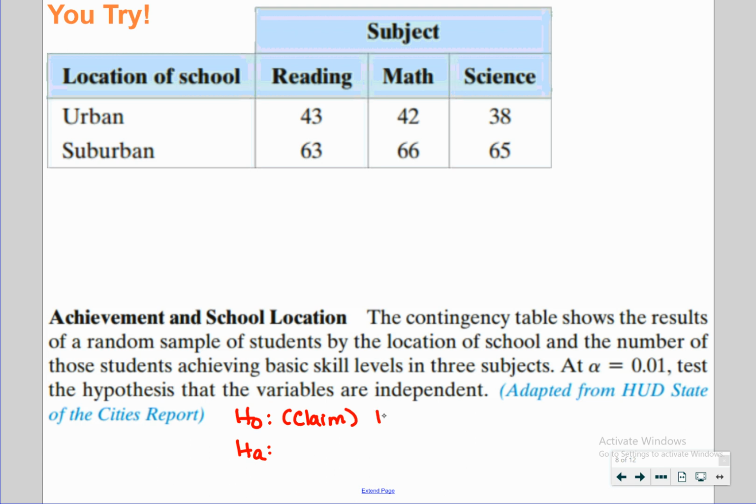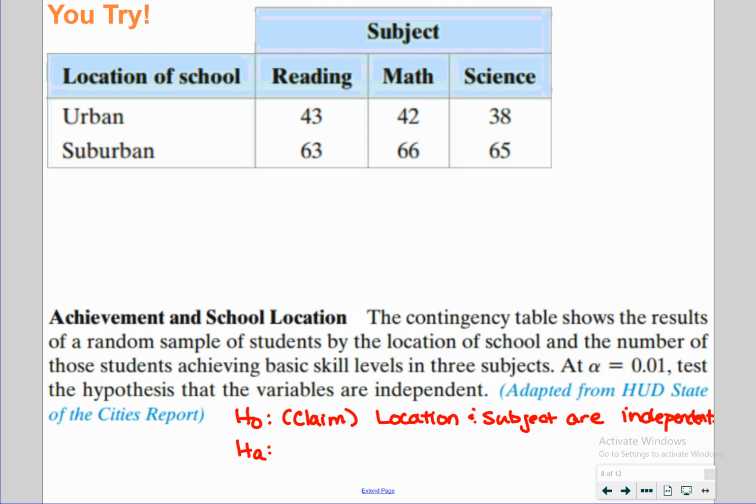So it is that location and subject are independent of one another when it comes to our test scores that we're looking at. And then they are dependent. One affects the other is our alternative hypothesis.